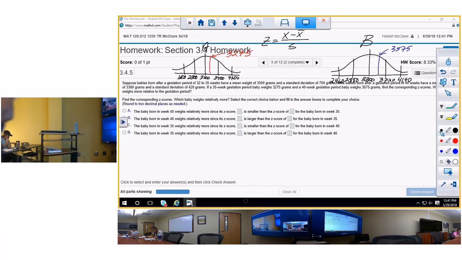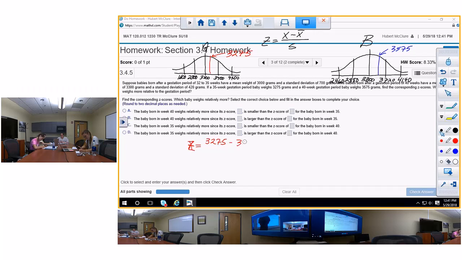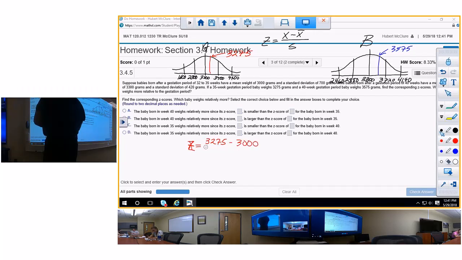So for the red, z is equal to 3,275 minus 3,000 over 700.